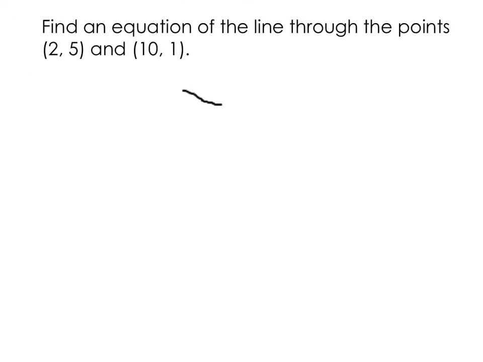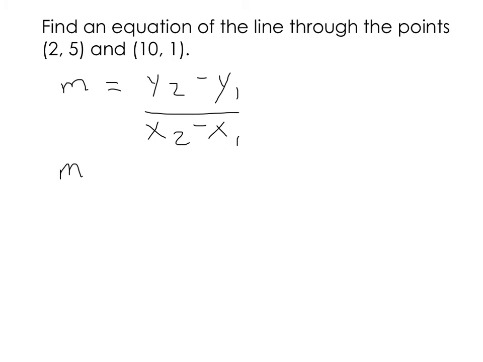Let's find an equation of the line that goes through these 2 points. We know that we need the slope and we need the y-intercept. If we're given 2 points, one thing we can calculate is the slope. Remember our formula? We need to designate one of these points the first point, one the second. I'm going to say this is the first one, this is the second one.